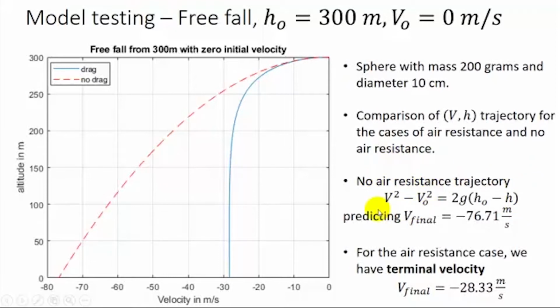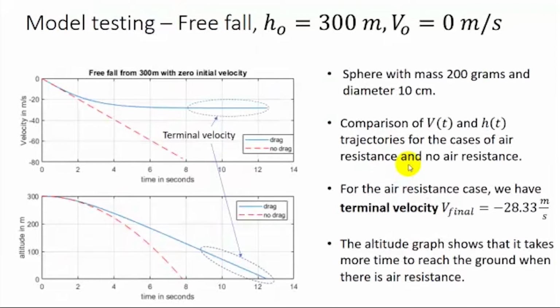This term on the left of the equation is related to the change in kinetic energy, especially if we bring the 2 down at the denominator and multiply by the mass of the ball, and also if we multiply by the mass the right hand side, then this corresponds to the change in potential energy. So the two are equal, which implies that there is conservation of mechanical energy in the case where we don't have aerodynamic resistance.